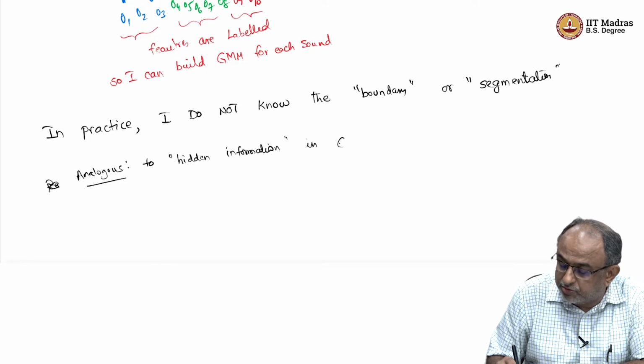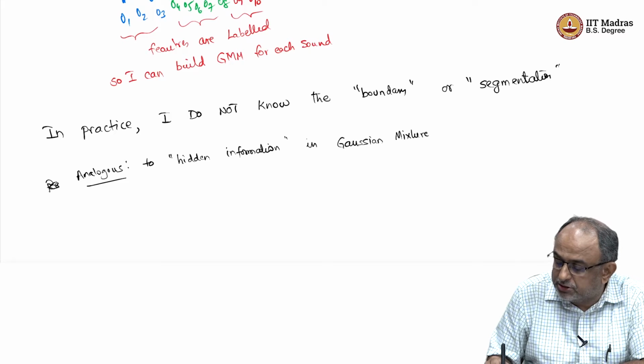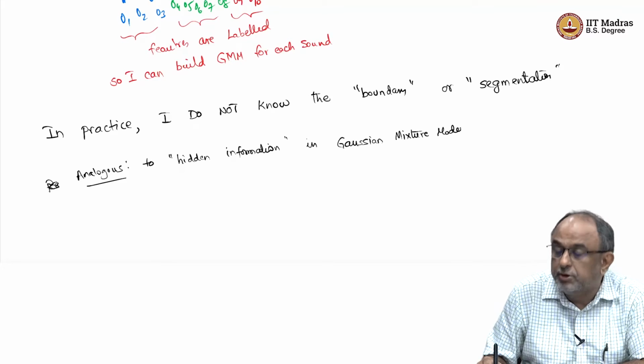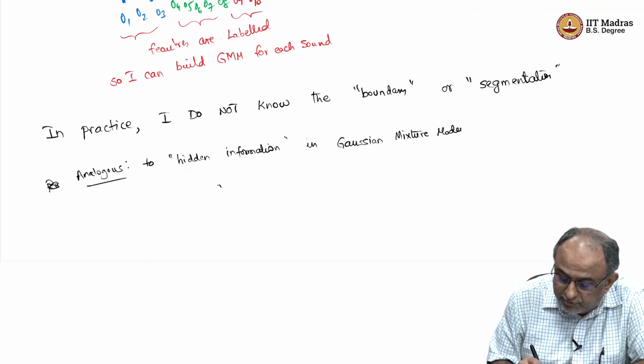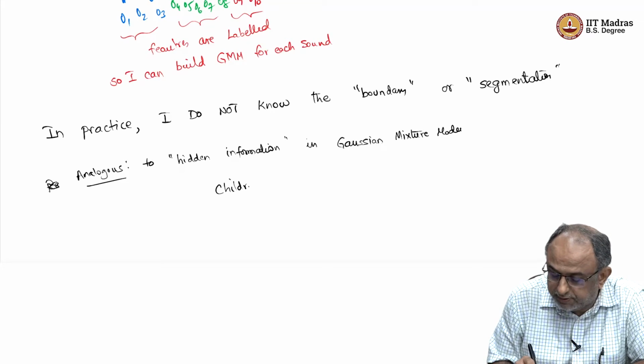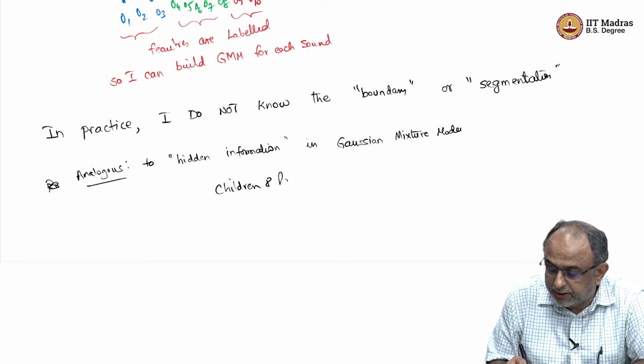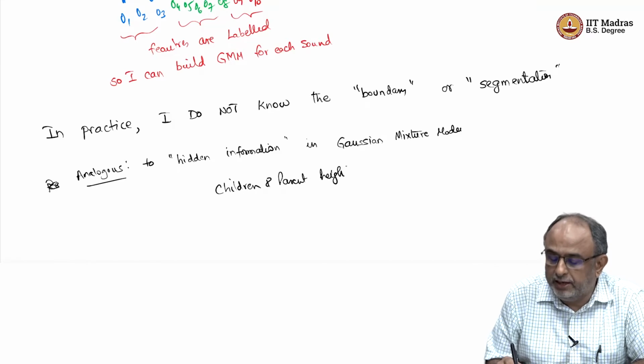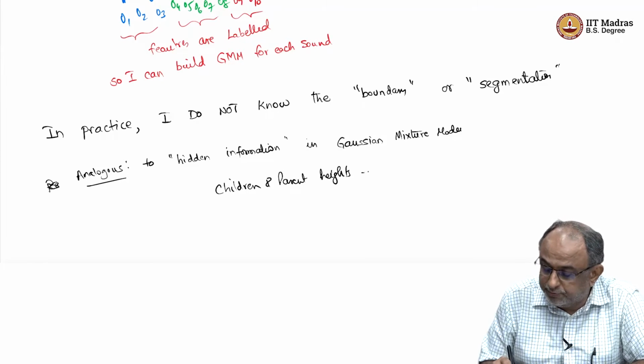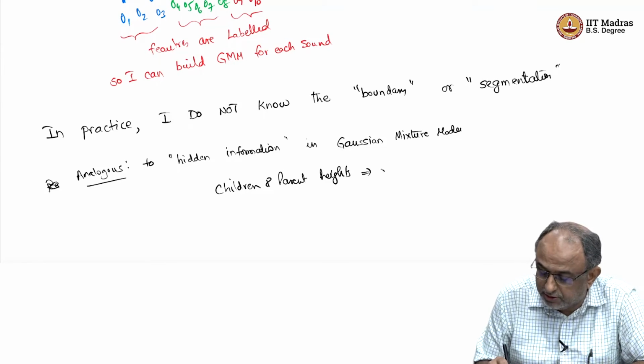Recall in the Gaussian mixture model, just to remind you, if I had only children versus parent and parent heights, right? But I do not have those labels.